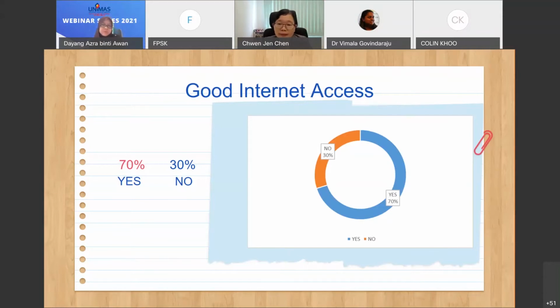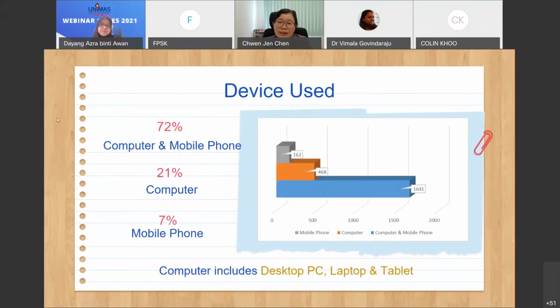Right. And then the next thing, these are the findings that we get on the device used here. 72% are using both computer and mobile phone. Great. 21% use a computer, and they're not using their mobile phone for learning. That is great as well. But we have to understand that we have students who do not own any computer.